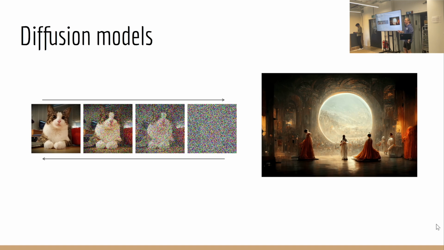VAEs and GANs are no longer state of the art. The current hot stuff for all the image generation models is what's called diffusion models, but there's a relationship between them. For diffusion models, which we don't cover in Arena, basically the encoder takes an image and gradually adds noise to it in stages, and the decoder tries to undo this process, removing the noise back out.